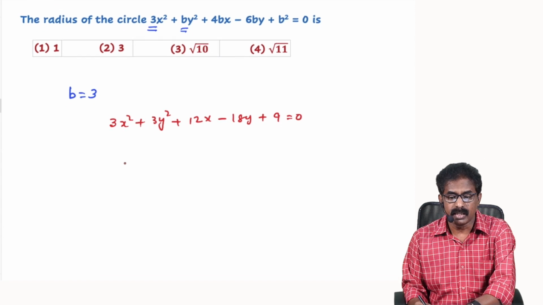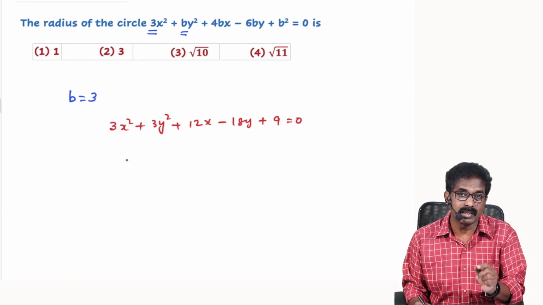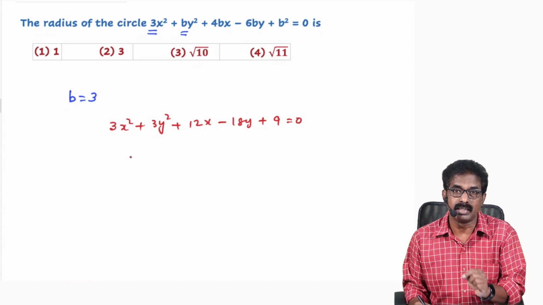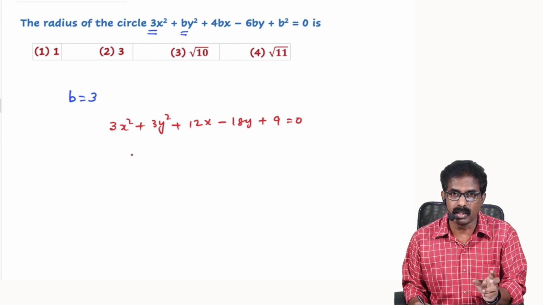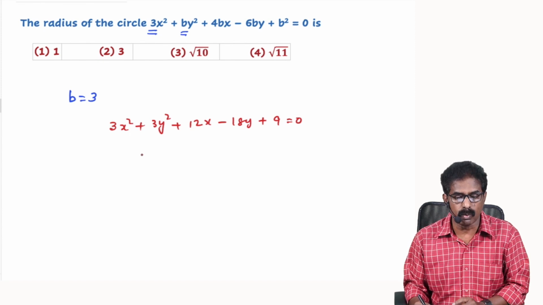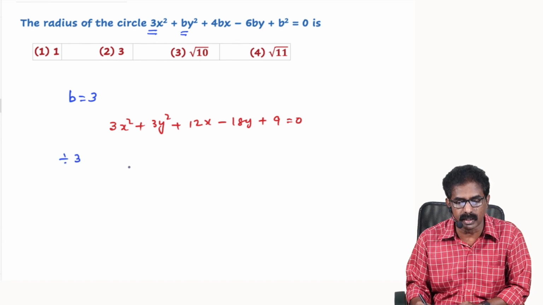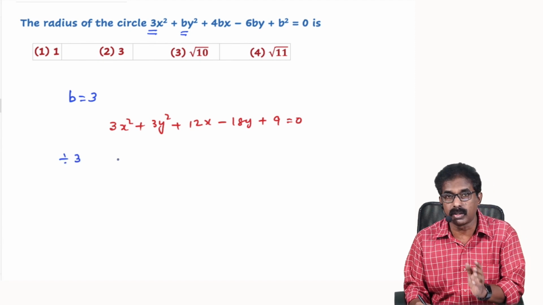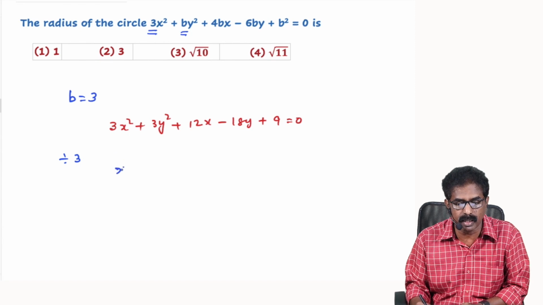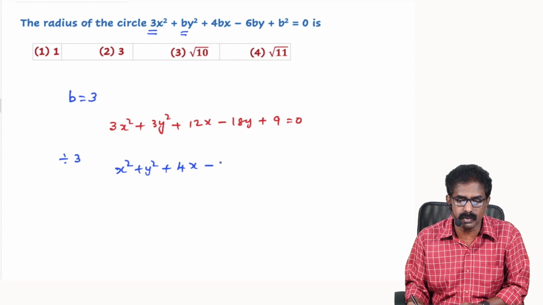Now to find radius, you know GFC, but before that, to identify GFC, you make sure x square, y square coefficients are 1. So first step, you divide by 3 throughout, dividing by 3. Whether 3 is common or not, you must divide it. So x square plus y square plus 4x minus 6y plus 3 equal to 0.